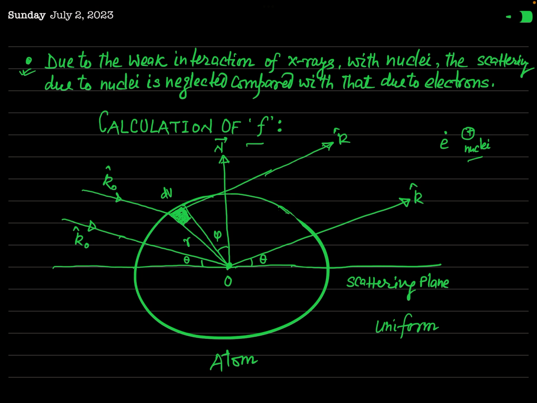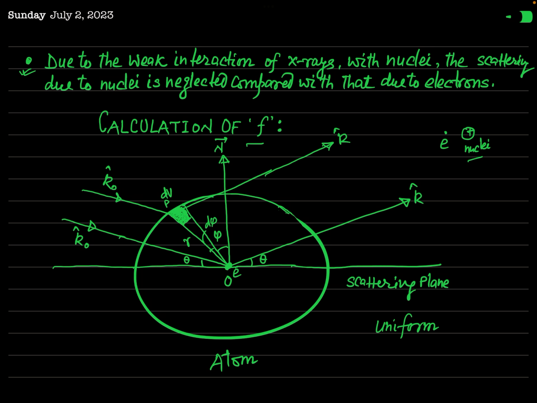We also consider that there is an electron situated at the center of the atom, which you can see here. We also consider a small volume element dV at this point, let us say P, and this volume element makes a very small angle, let us say d phi, at the origin.